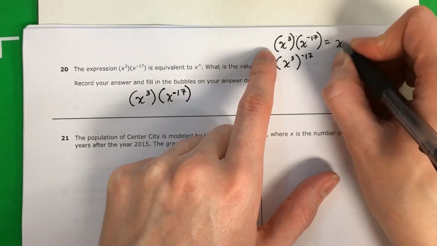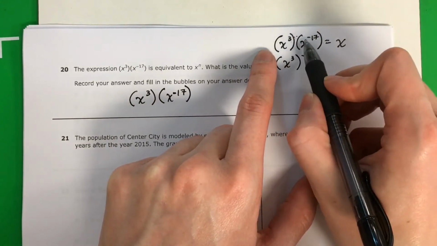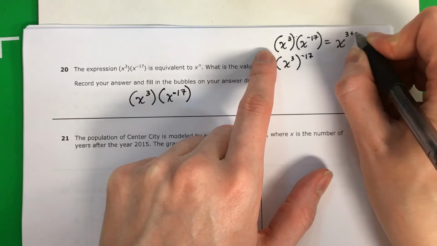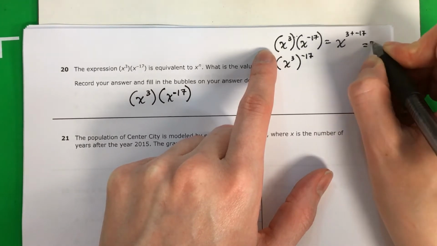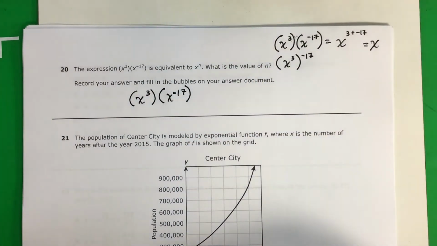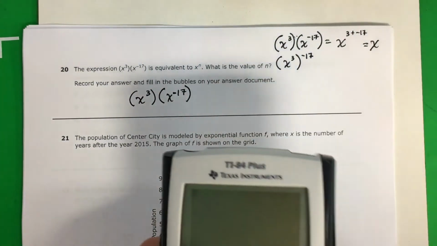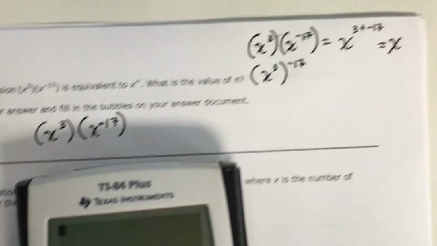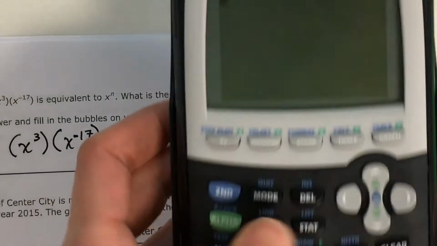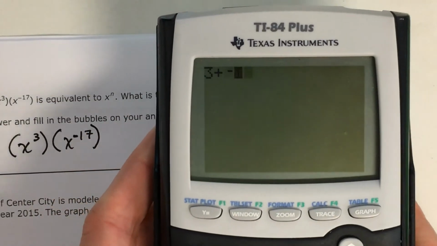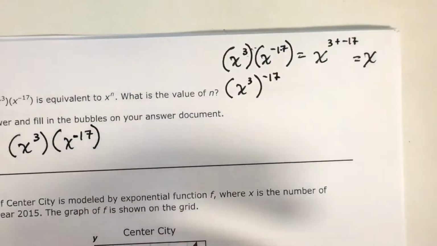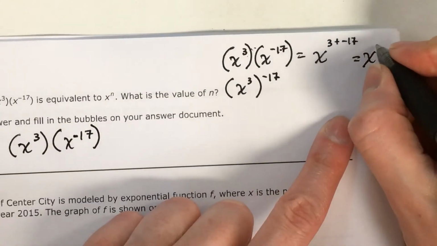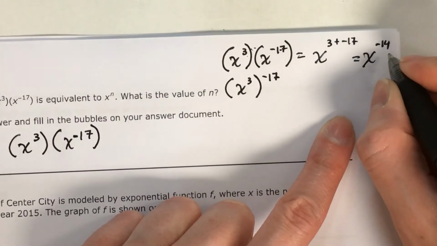So you're going to put x and you're going to do plus 3 plus negative 17. So 3 plus negative 17, let me go ahead and zoom in on that so you can see. 3 plus negative 17 is negative 14. And we'll continue with that in a second.